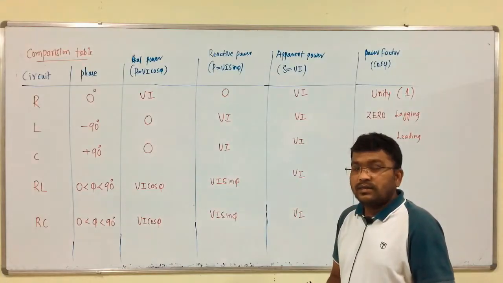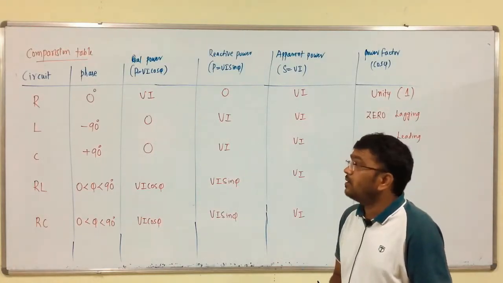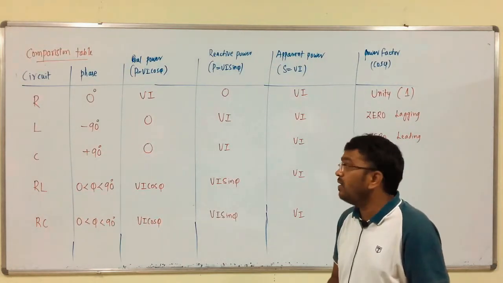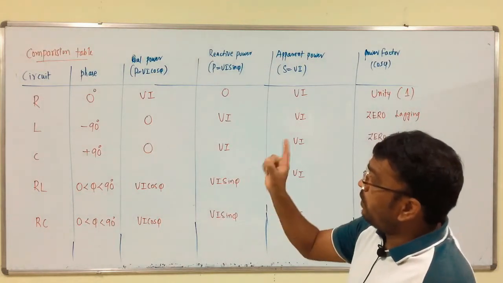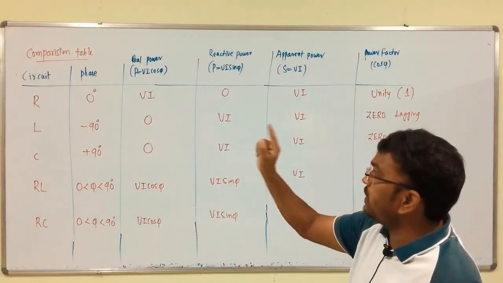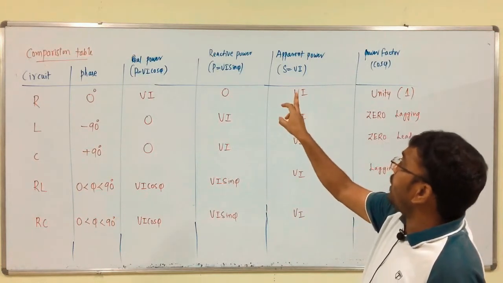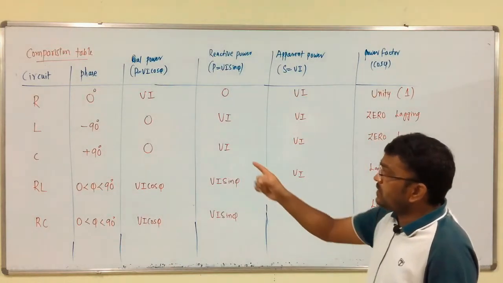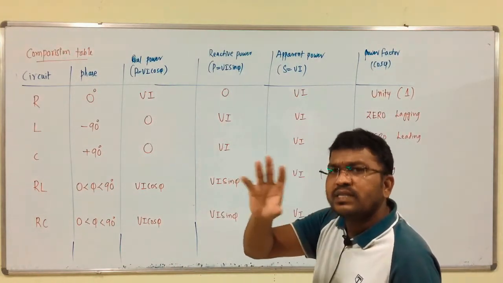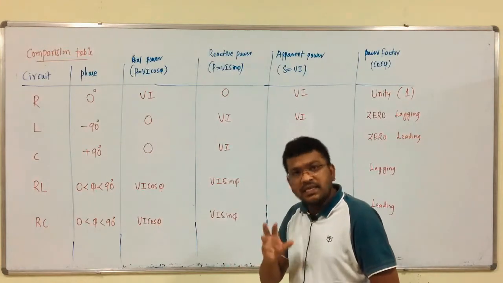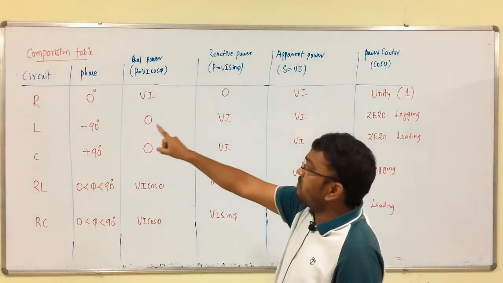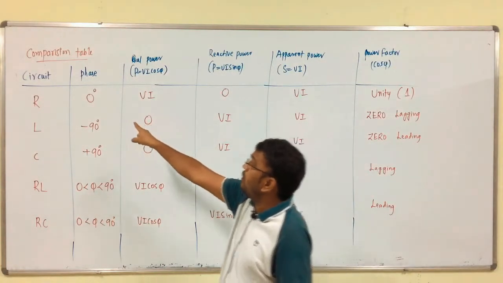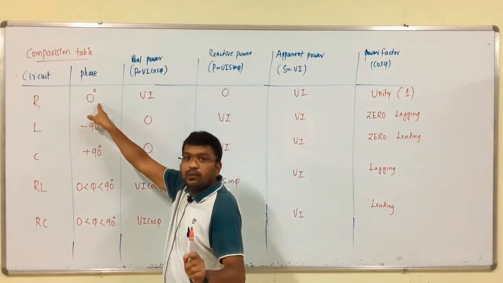Now, we have to discuss the important comparison between all parameters. The contents are circuit, phase displacement between voltage and current, real power, reactive power, apparent power and power factor. If the circuit is a pure resistive circuit with AC excitation, then the phase displacement between voltage and current is 0.